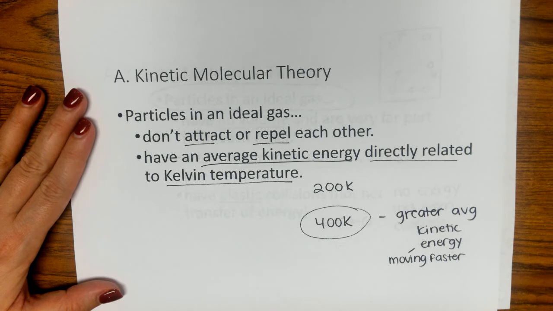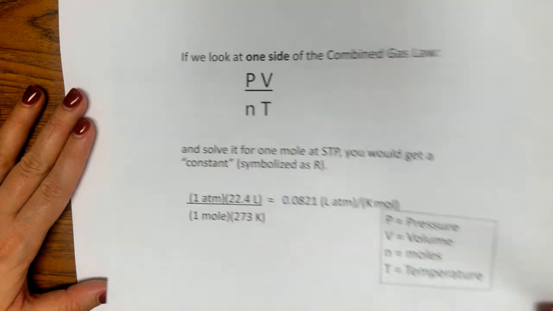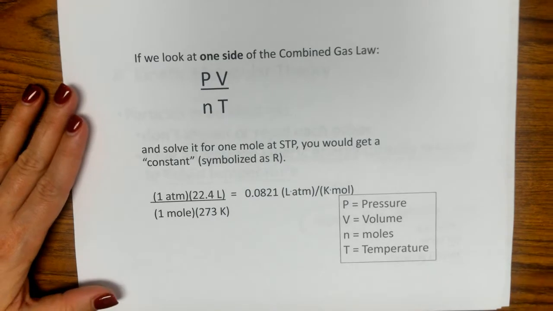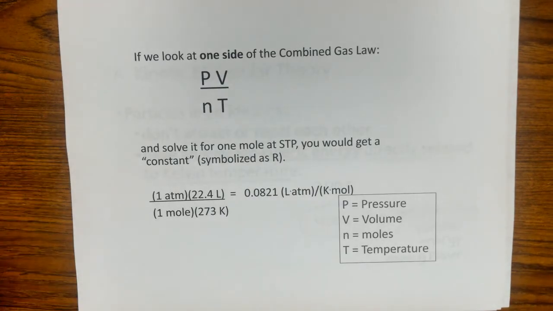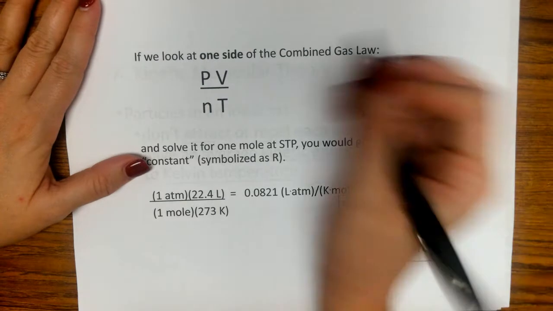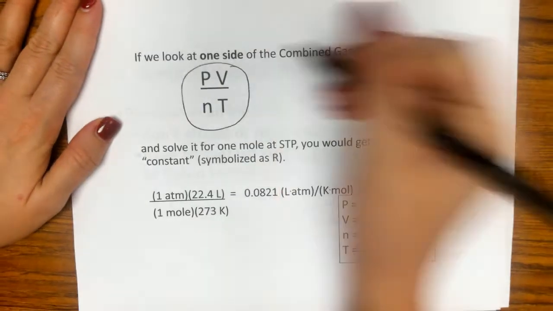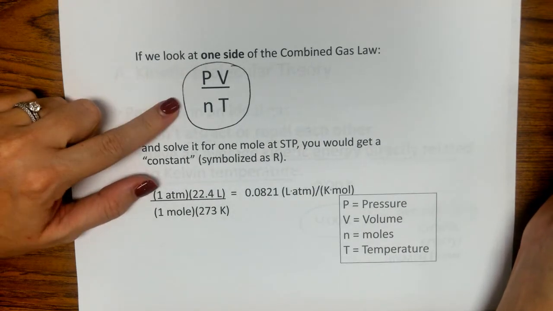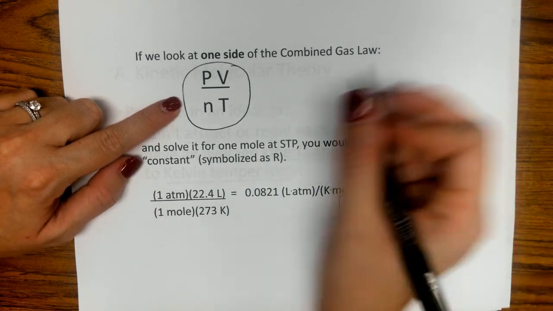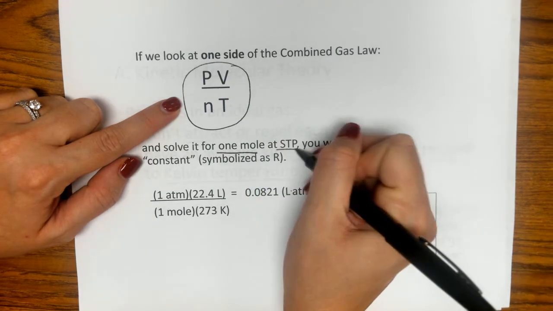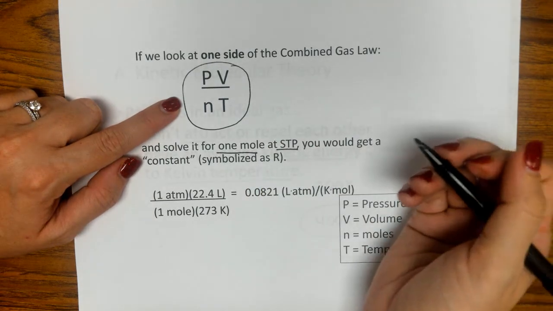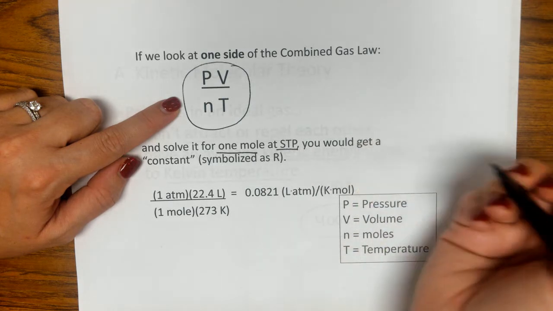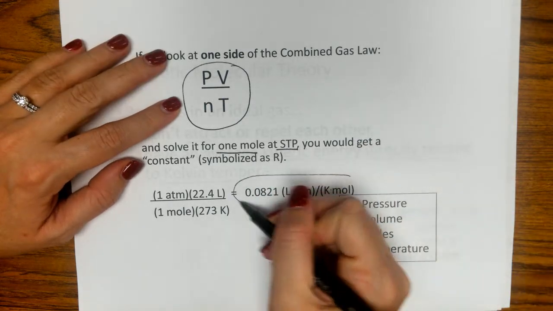Okay, and so where the ideal gas law came from, because again, I said the ideal gas law is not, and you don't need to write this down, it's not about a gas changing. If I just look at one side of the combined gas law, this right here, and you take the combined gas law and you solve for 1 mole of gas at STP, now I hope you remember STP, that is standard temperature and pressure, for any gas, it always equals this number.